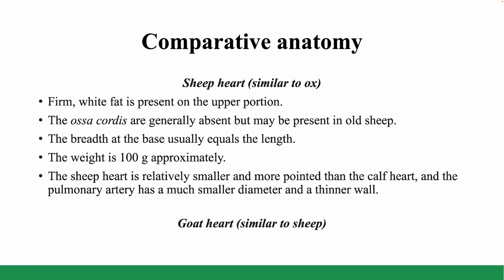And the breadth is usually equal to length at the base. The weight is approximately 100 grams, and its heart, as compared to a calf's, is a bit smaller in terms of size. And for the goat, these features of the sheep's heart also apply.